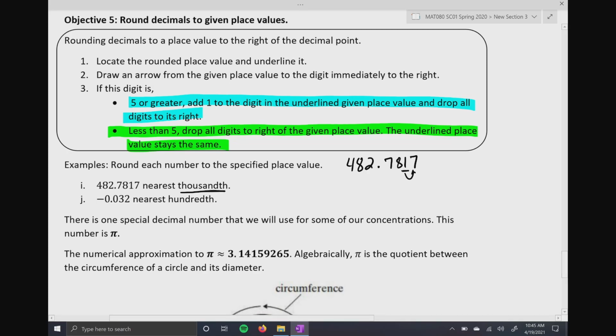So I increase the underlined place value by 1 and drop all the digits. So 482.782. So like I said, we should have an idea already on the process of rounding. It's just finding the place value, which is different here.